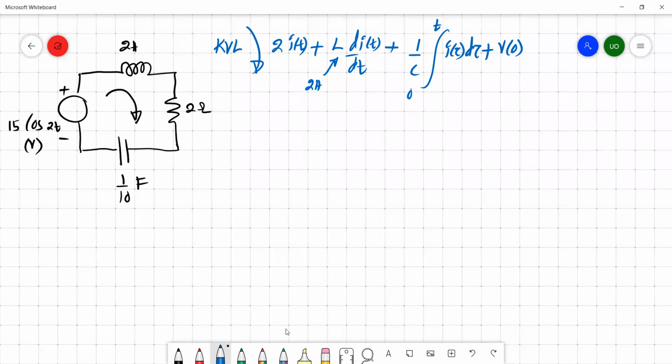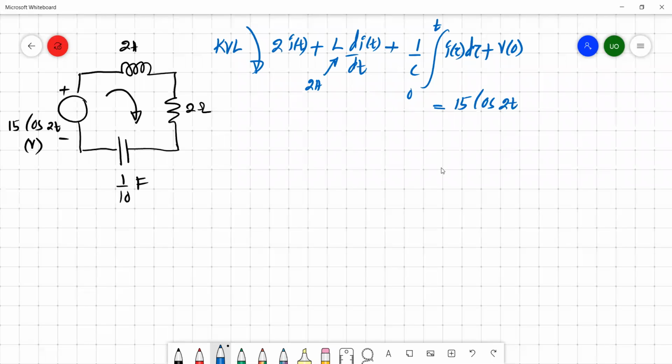This is the voltage across the capacitor in the form of current, and the sum equals 15 cos 2t.